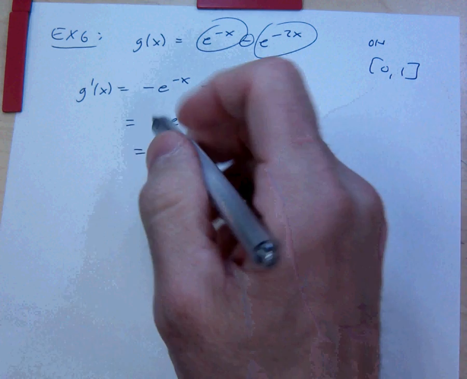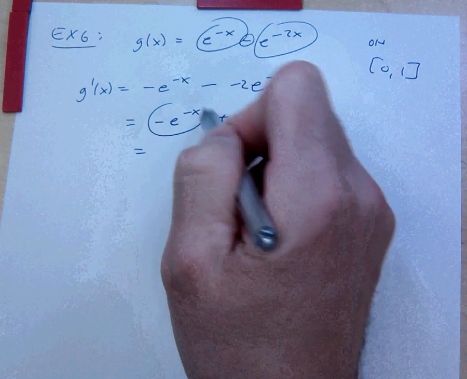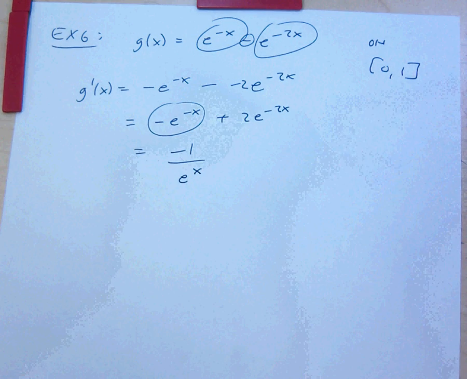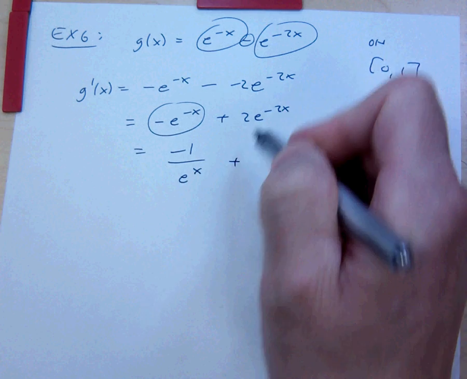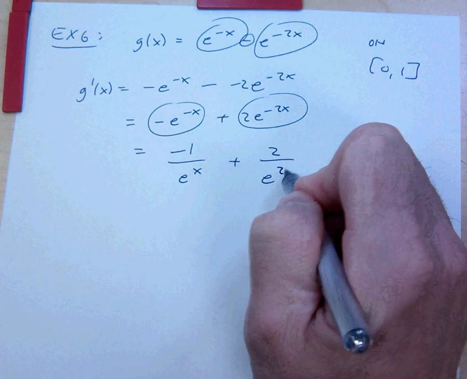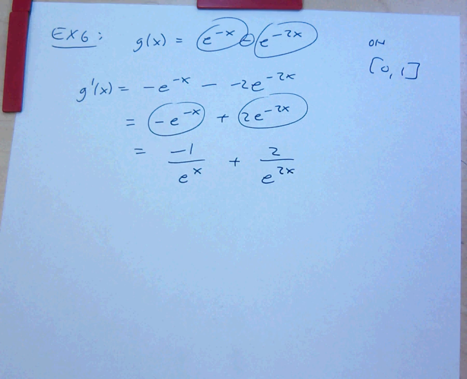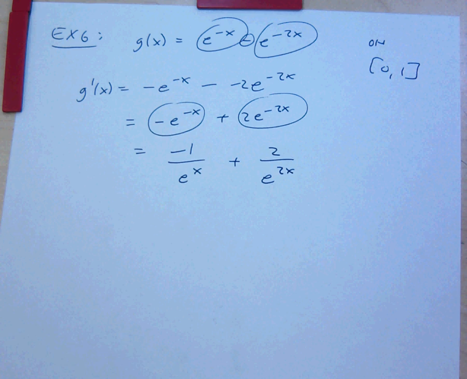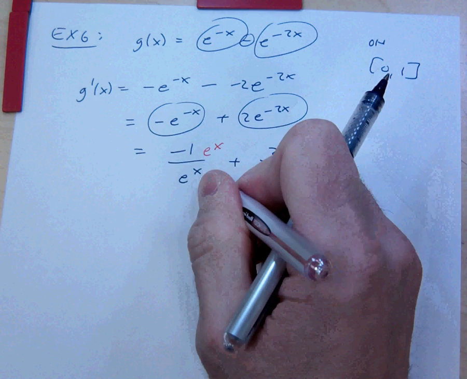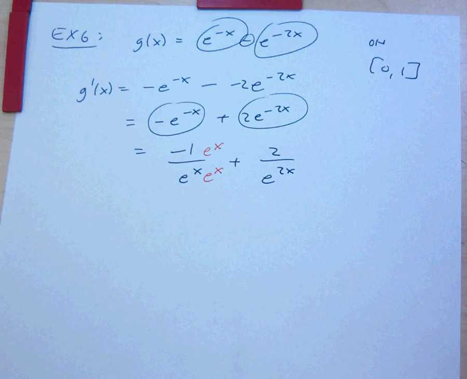Well, what I want to do then is rewrite that as this. Is that the same thing, yes or no? Can I rewrite that like that? Okay, and here I'm going to rewrite it as what? 2 over what? E to the what? 2x? Okay, now I want to get a common denominator, don't I? So don't I need to multiply this by e to the x over e to the x to get what I want? Everybody agree?